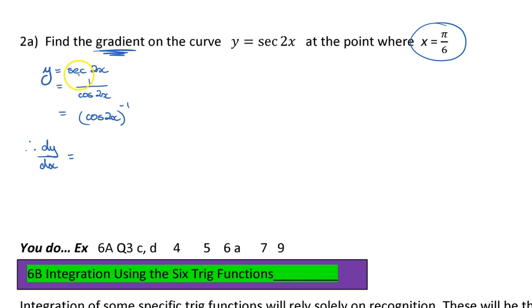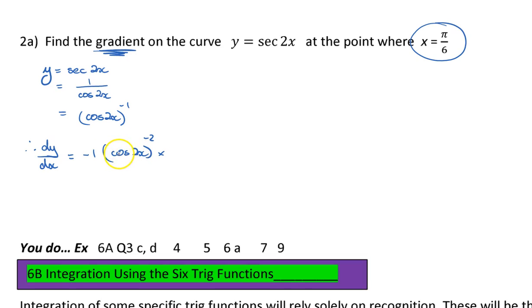So writing y as sec 2x in the format sec is 1 on cos, and then we will write it in our powered form, and we know then to differentiate we bring the power to the front and we subtract 1 from the power, so we'll go to a -2. And we've got a few things to multiply by.